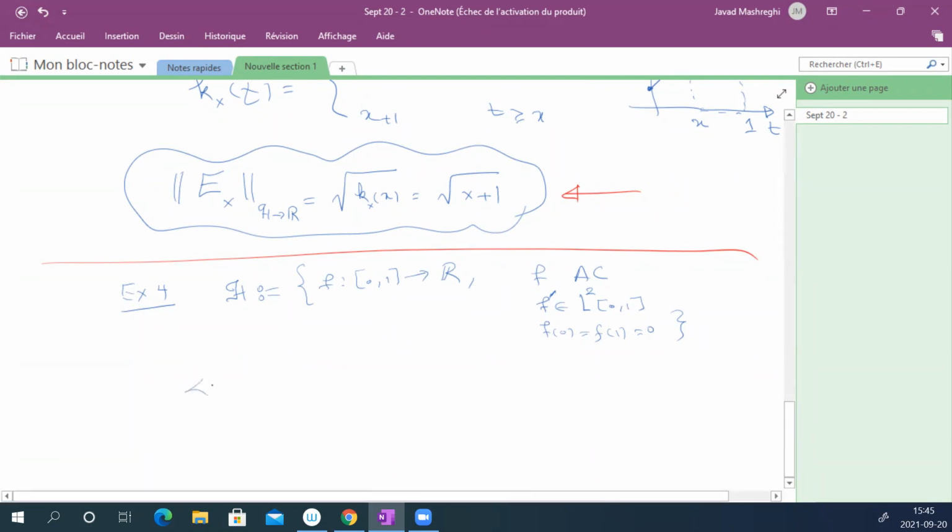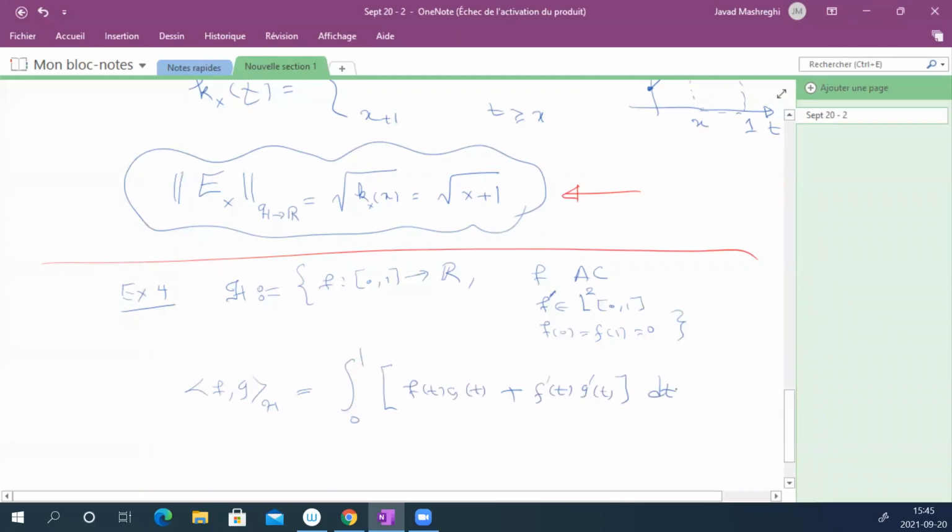The inner product I define in the fourth example is the integral from 0 to 1 of f of t g of t plus f prime t g prime t. It's not forbidden. That's another inner product.